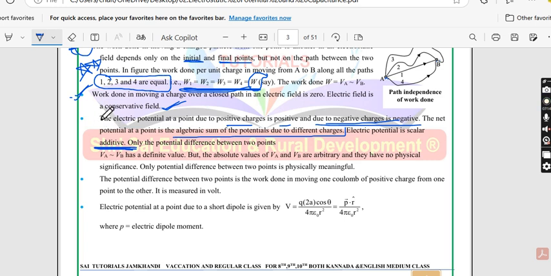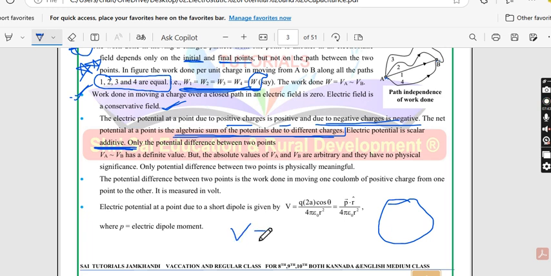See, if I consider any closed surface, any conductor or any medium, there will be a number of charges, whether positive or negative, present there. Then the electric potential at a point due to positive charges is positive and due to negative charges is negative. So the net potential at a point is the algebraic sum of the potentials due to the different charges.